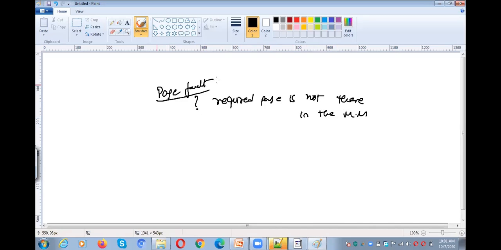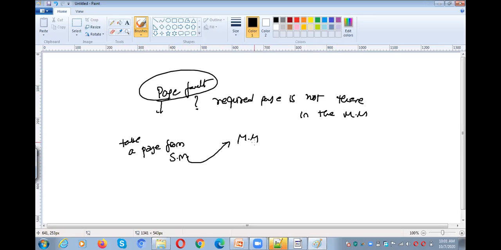Then a page fault occurs. Whenever there is a page fault, you need to take the page from secondary memory and keep it in the main memory, right? That is called a page fault.